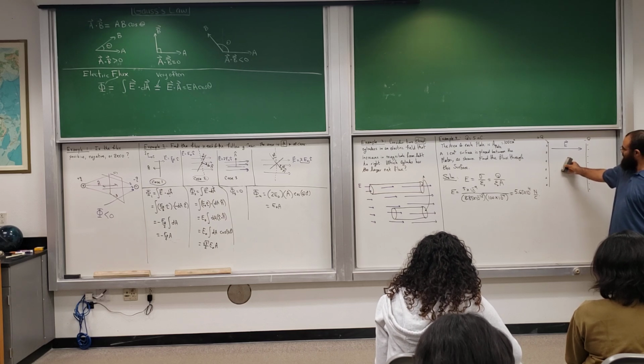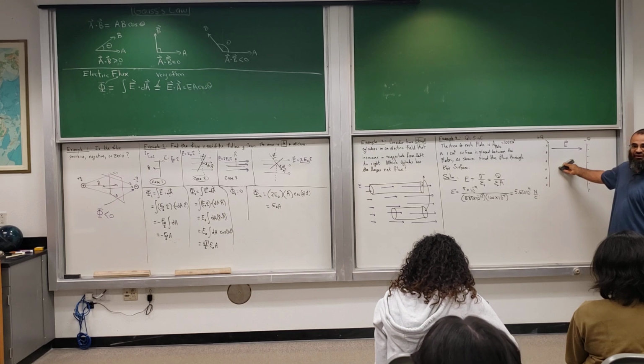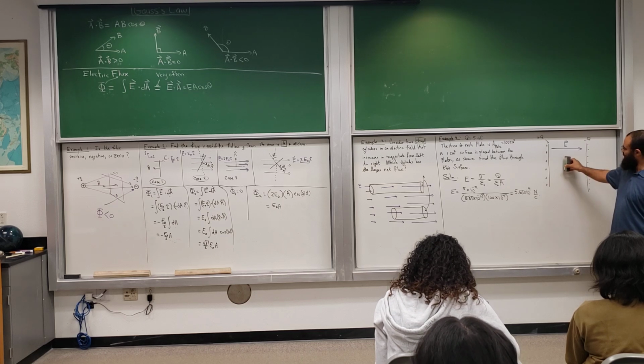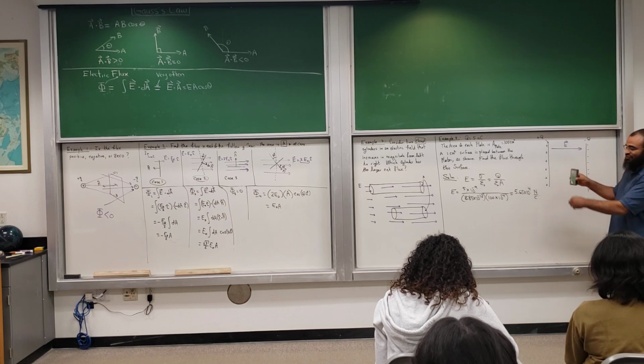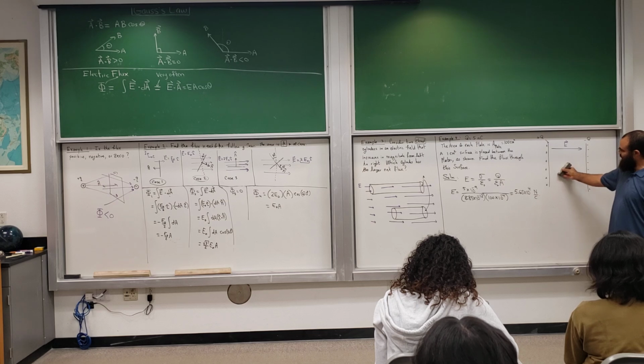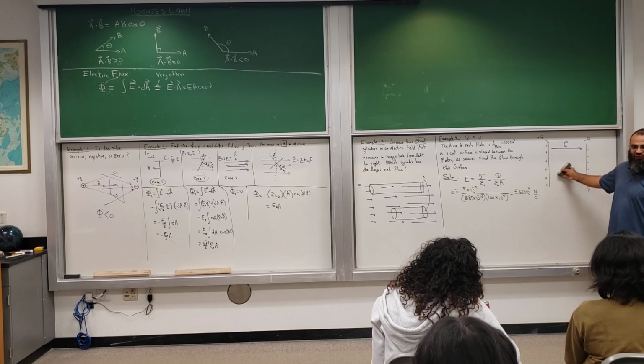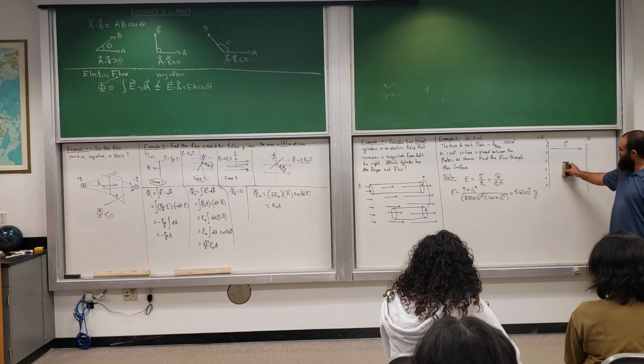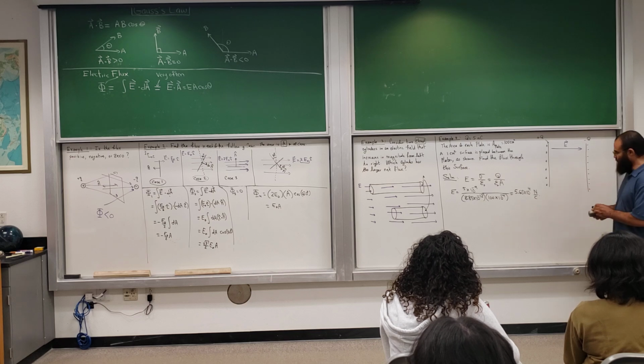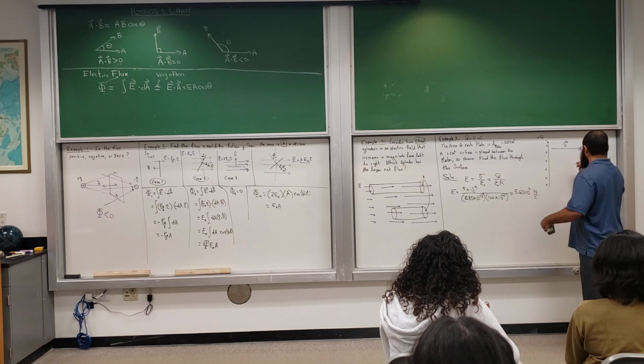So I'm going to place it this way. If I place it this way, it will experience the maximum flux, right? Agree? If it's this way, all the field will pass through the surface. But if it's this way, only part of the area is available for it to pass through. So we're going to place our 1 centimeter thing here.